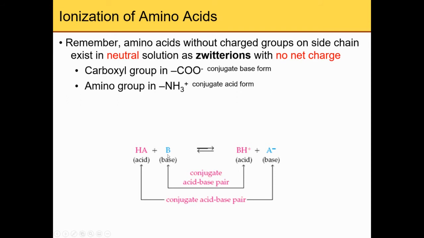So this is acid, this is a conjugate base. Okay, and an amino acid without a charged group on the side chain exists in neutral solution as a neutral ion with no net charge, right? So you will see this carboxyl group, amino group like this.